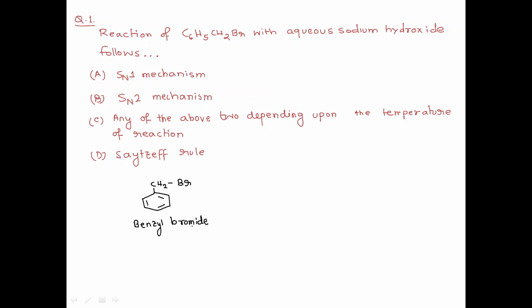So as you know, benzyl bromide or a benzyl compound is not able to perform SN2 reaction because they are very keen to perform SN1 reaction, because if the leaving group leaves, that Br leaves, then it forms a carbocation, correct?